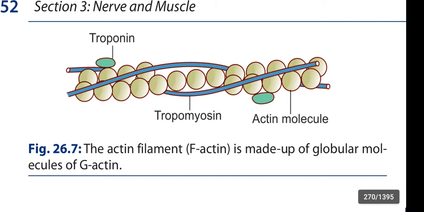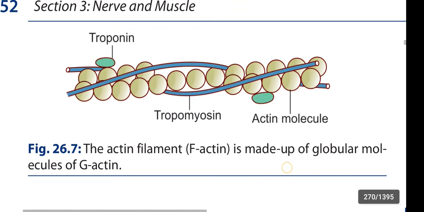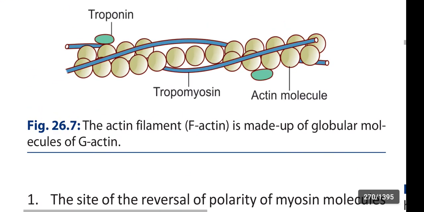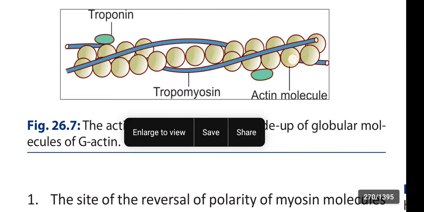If you observe here, these are the G actins or G actin molecules. The actin filament or F actin is made up of globular molecules of G actin. This is the actin molecule.